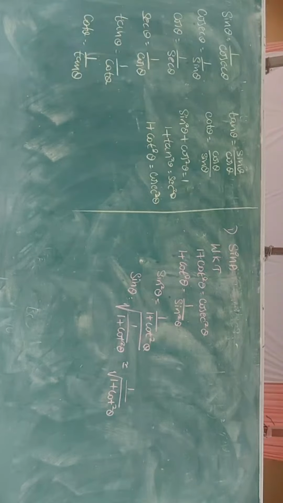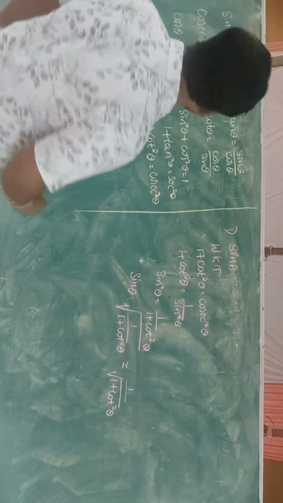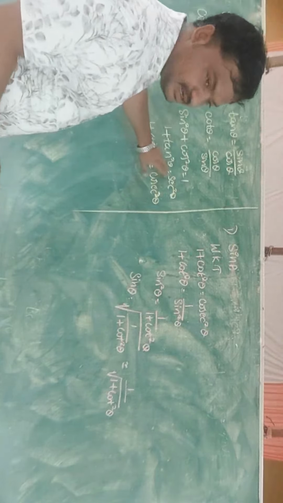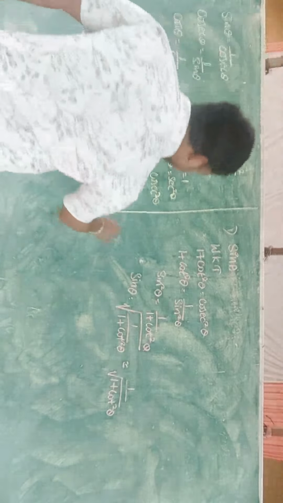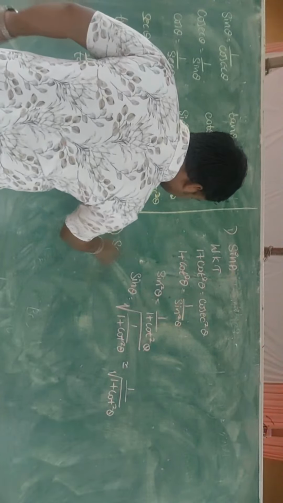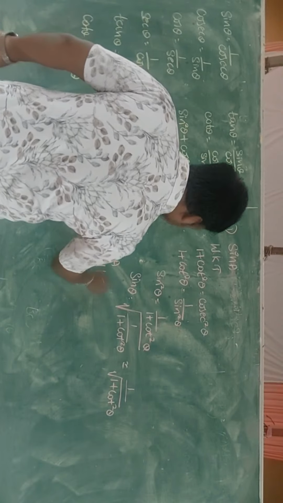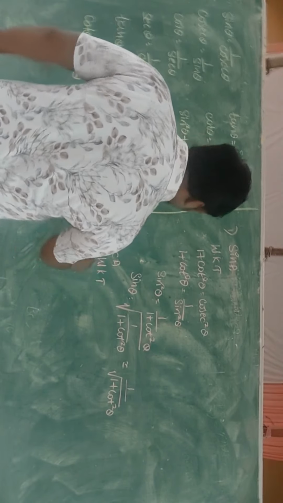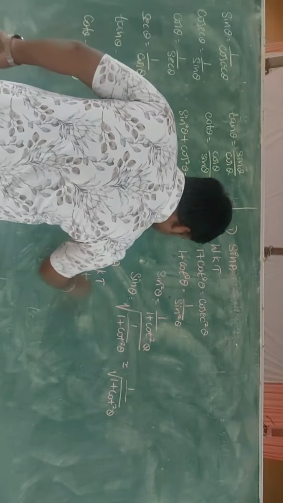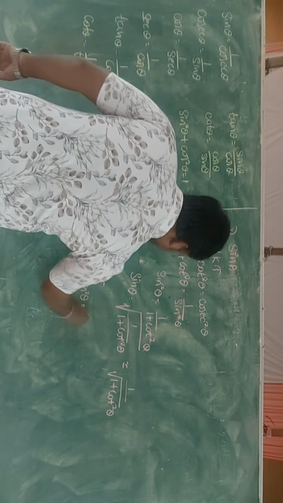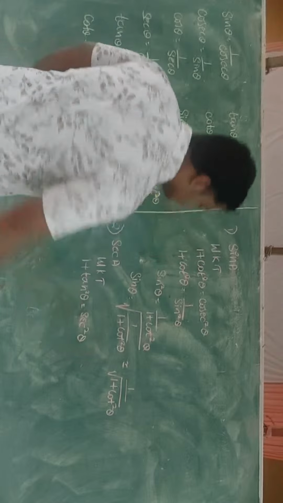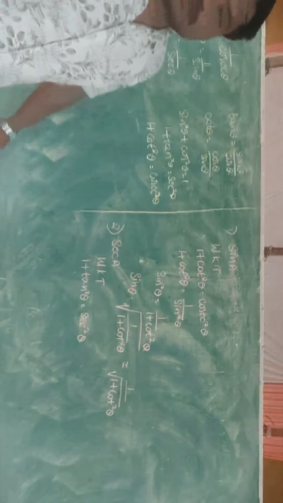Similarly, sec A in the form of cot. Sec is there in the second identity, so we can use that. We know that 1 plus tan square theta is equal to sec square theta.